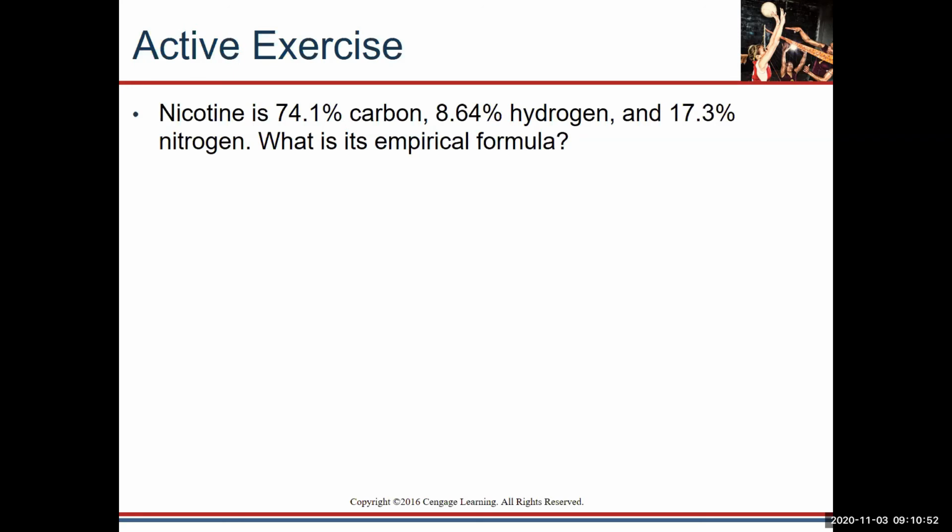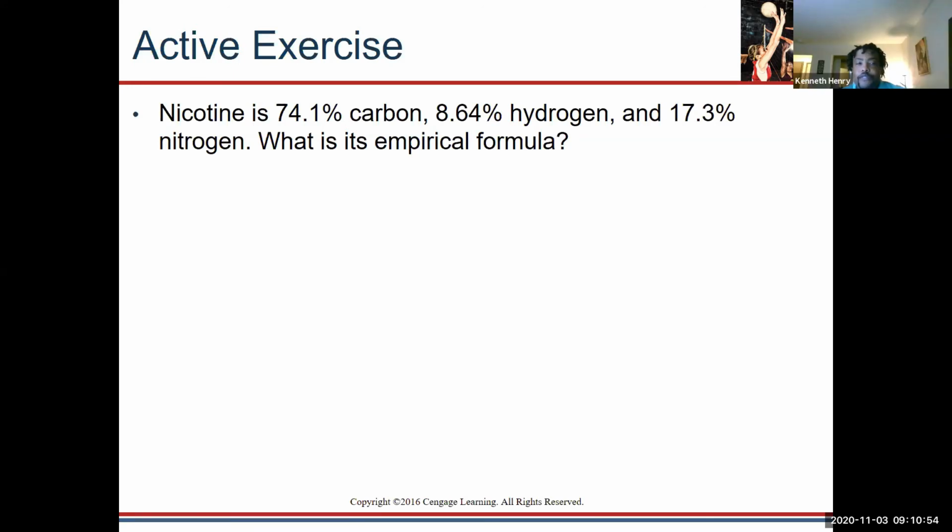Now, let's assume that I had 100 grams of nicotine. How many grams would be carbon?